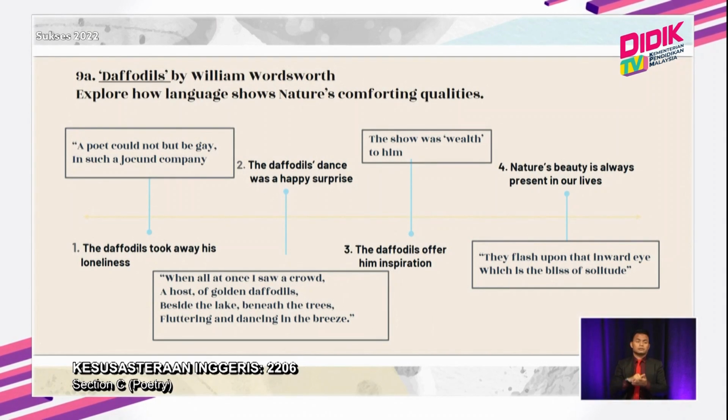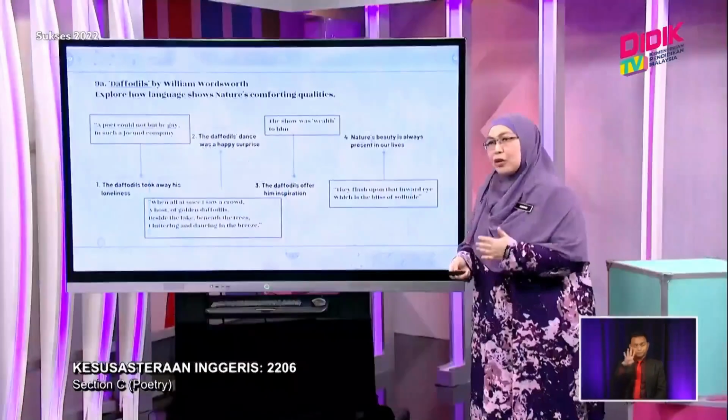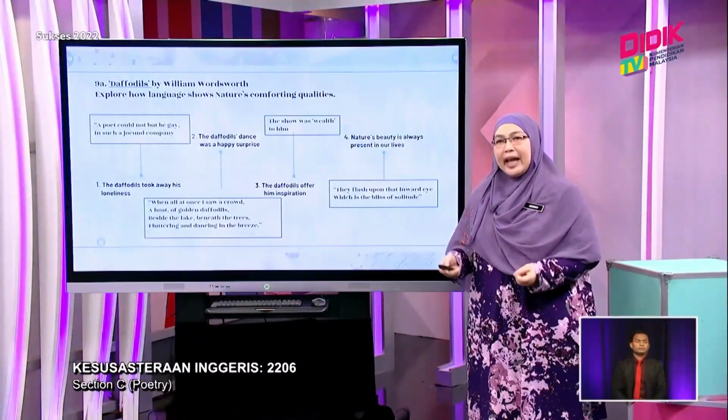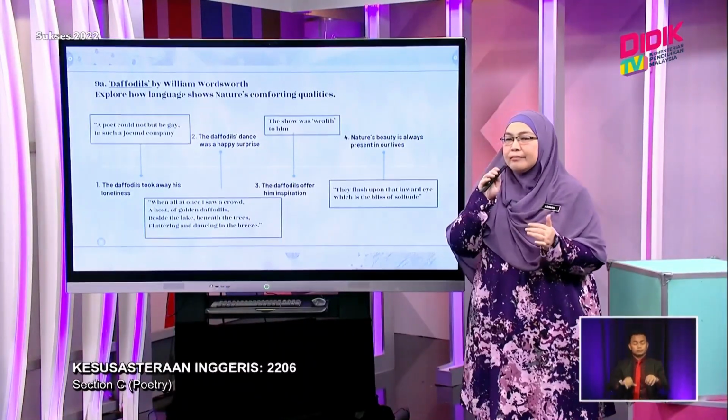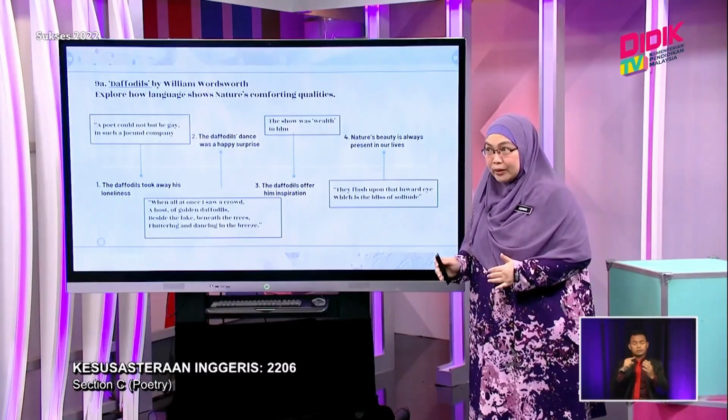And upon deciding on these 4 points, all right, I would identify the pieces of evidence that support my 4 content points. So I could have a candidate answer this task by outlining the 4 points.